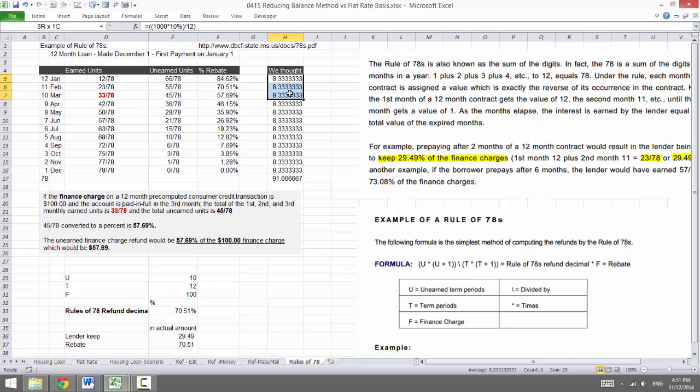So rather than 16, you are actually charged 29.49. So there's a balance that you need to pay, which is 29.49 minus this 16.6. So how much is that?